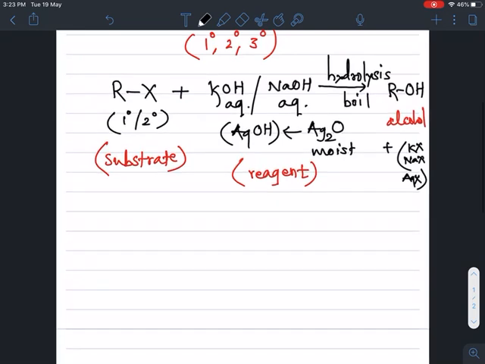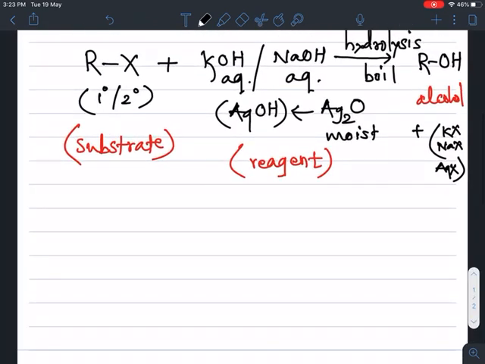If a primary or secondary alkyl halide is used, which type of nucleophilic substitution reaction takes place, SN1 or SN2? If the substrate is primary or secondary, it mostly undergoes the SN2 reaction mechanism, which means a one step reaction, and directly the halogen X is replaced by the OH.